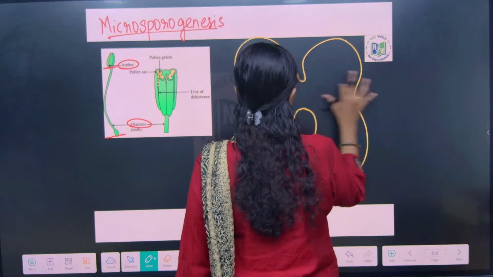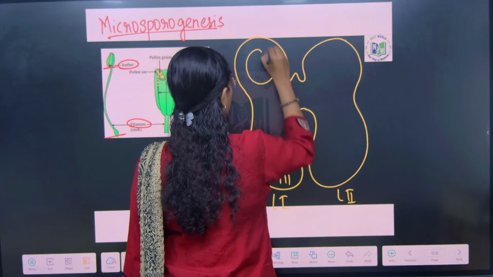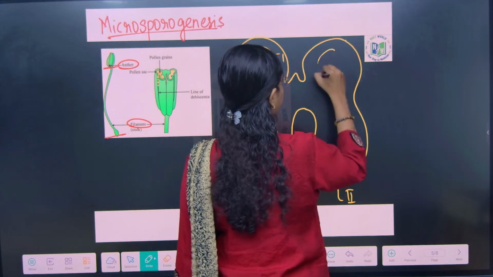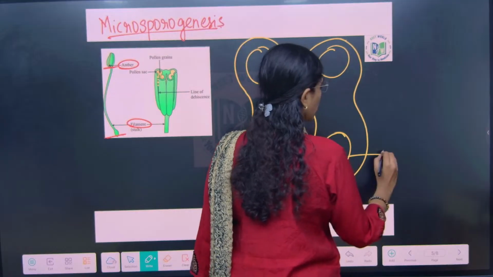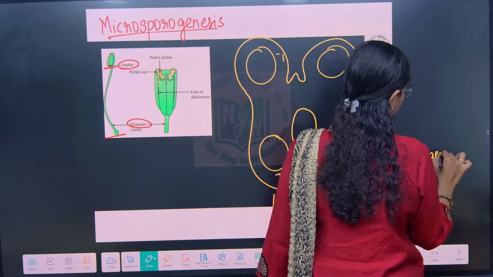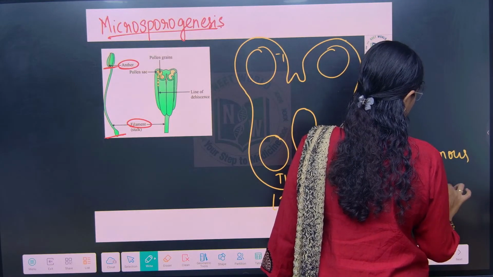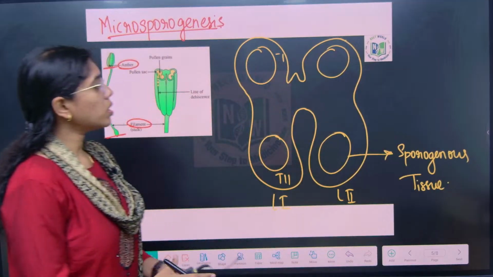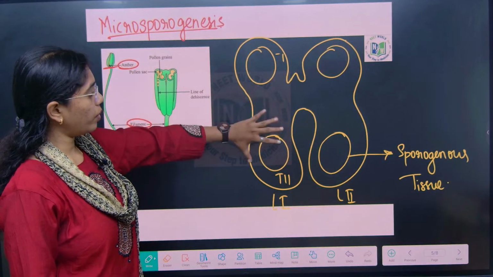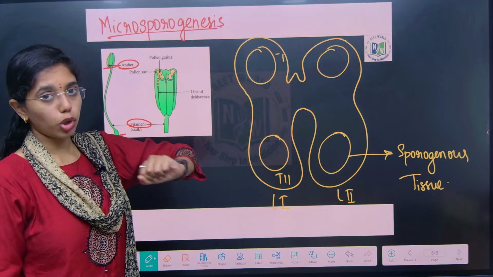Inside each theca there is a sporogenous tissue at the center.